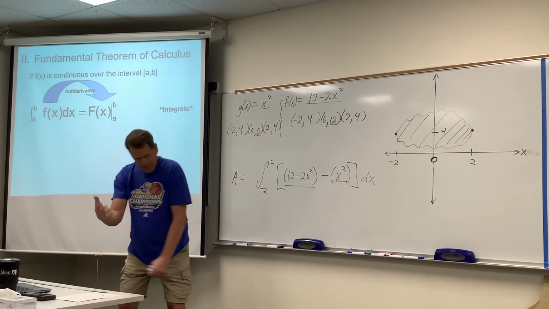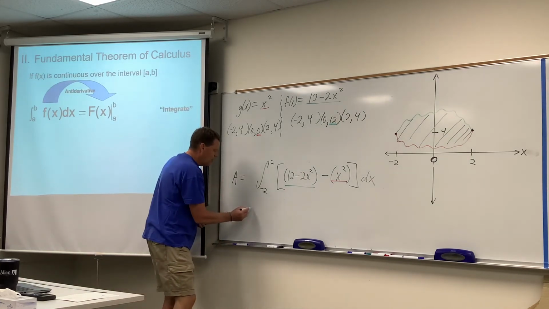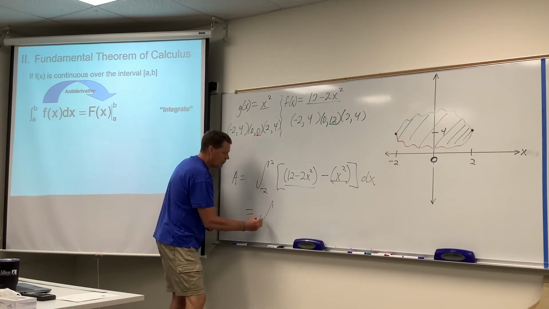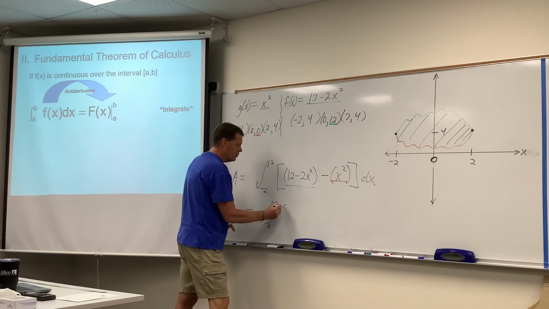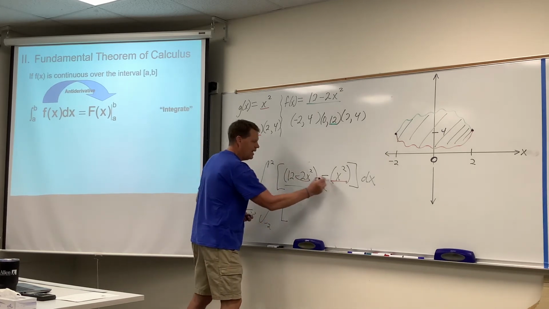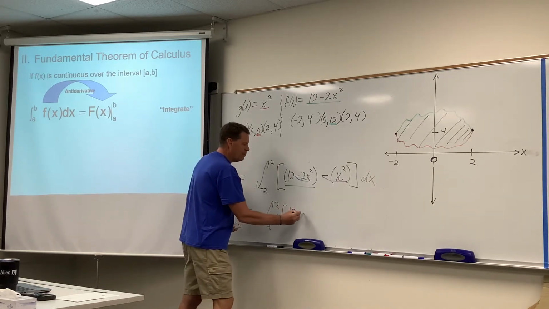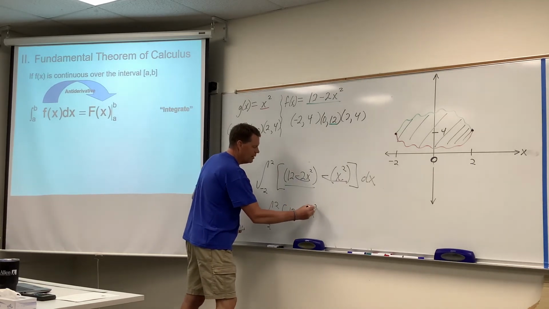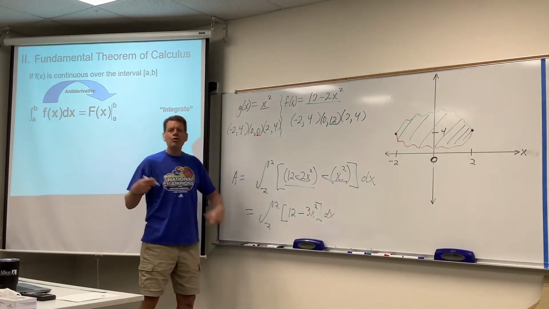Find your antiderivative, do your evaluation. I would recommend, before we do that, we simplify this if we're able to, and I would throw out there that the -2x squared and the -x squared would be like terms. So how about 12 minus 3x squared? Simplify it. Find your antiderivative.